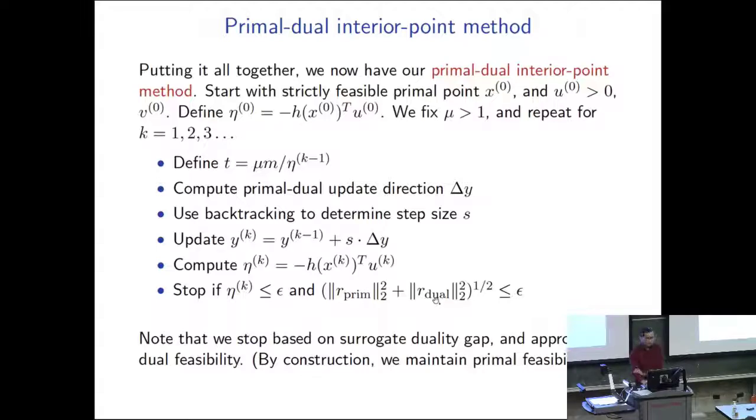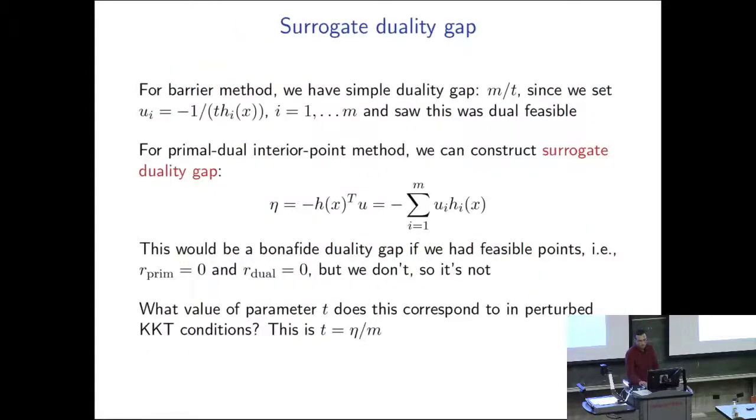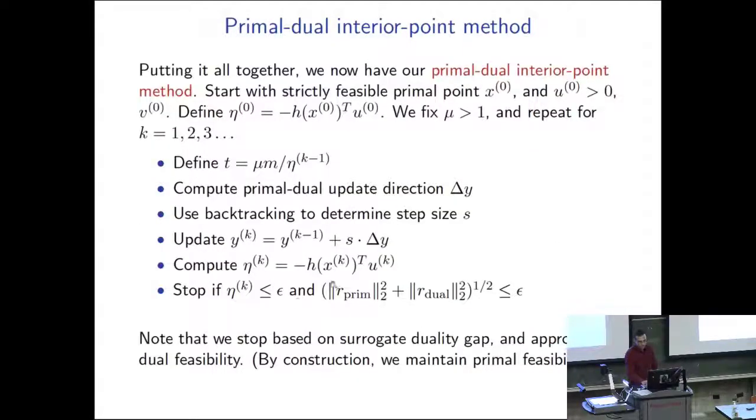So take the norm of that dual residual, which again is just this thing here. So we're going to measure the squared norm of this and the squared norm of this, and we're going to stop when their sum is very small. So this is a typical stopping criterion. You could actually have two different values of epsilon. I just tied them together here for simplicity.